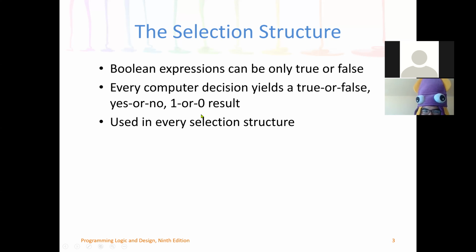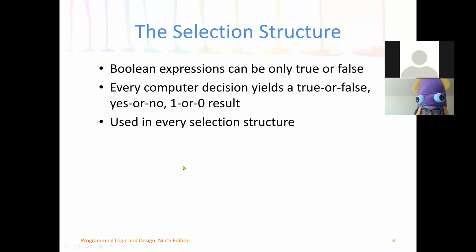For example, if you are using Java, Java has a Boolean data type which is true or false. So you can use true and false if you declare a variable as a Boolean data type. But in C++, we use 1 and 0. 1 means true, 0 means false. So this is always used in every selection structure.